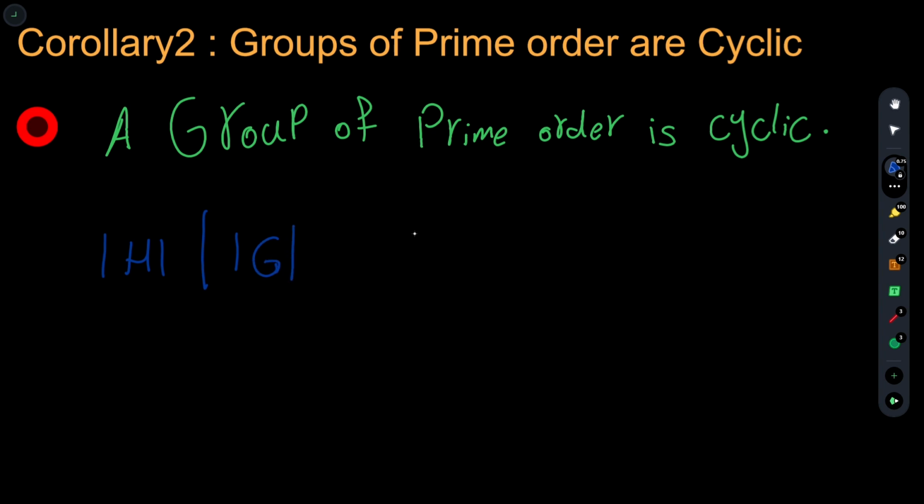And since our group's order is a prime number, then H's order can only be 1 or p. This means that H is only the trivial subgroup or the group itself. So that's our next corollary.